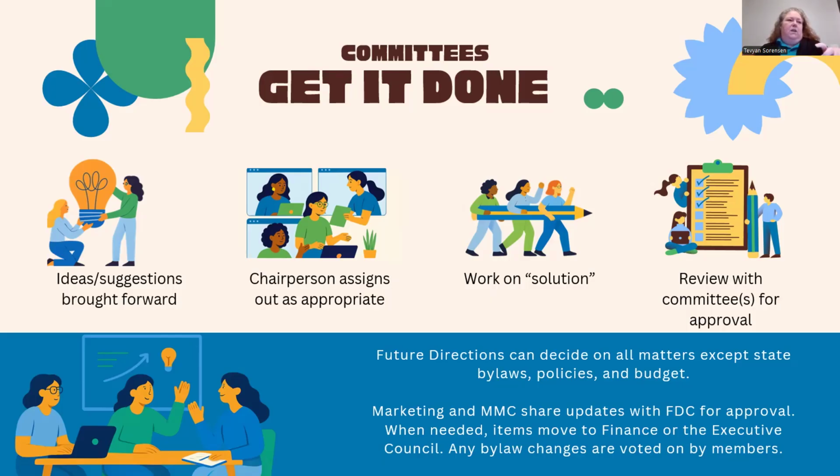So while they may get reviewed within Future Directions, a lot of times they then need to go to Executive Council to be approved, such as policies, or be taken to the membership, especially with regards to bylaws, or go to the Finance Committee if it involves budget, and then get reviewed and approved and moved on that way.